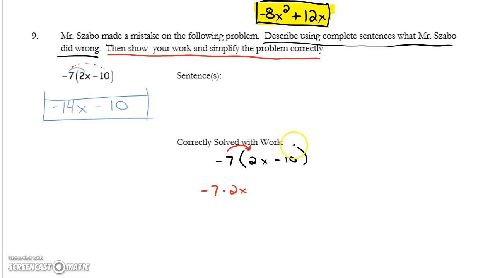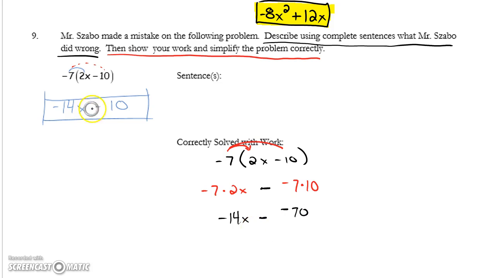I bring down this minus and then distribute here a negative 7 times 10, and I combine my terms. Negative 7 times 2 is negative 14. I bring down my x. That becomes a minus. Negative 7 times 10 is negative 70.